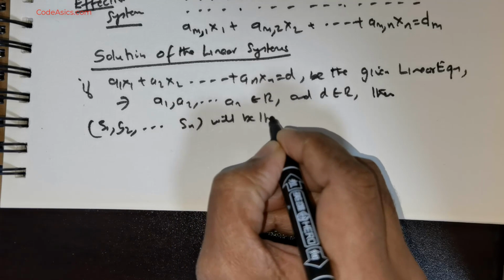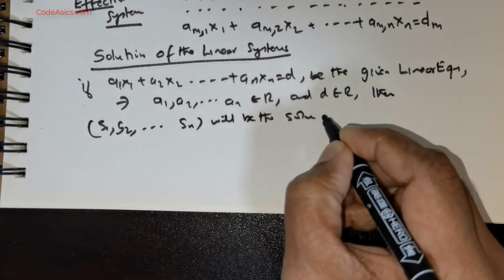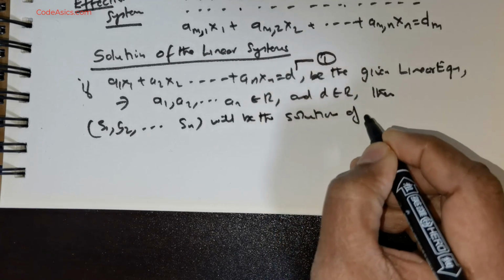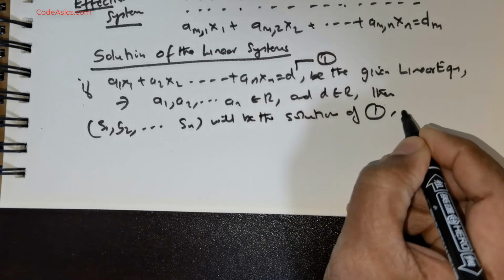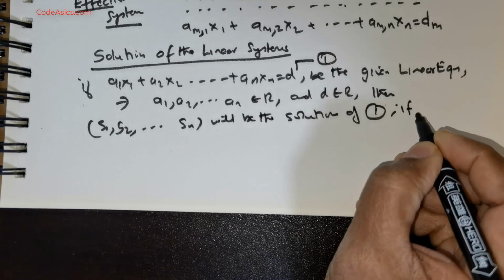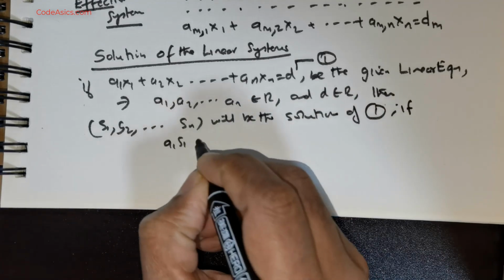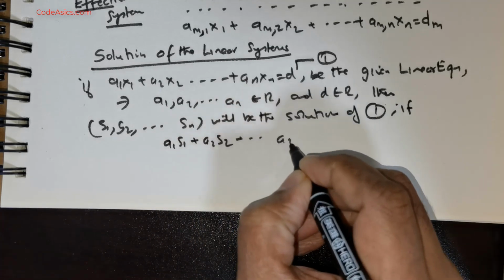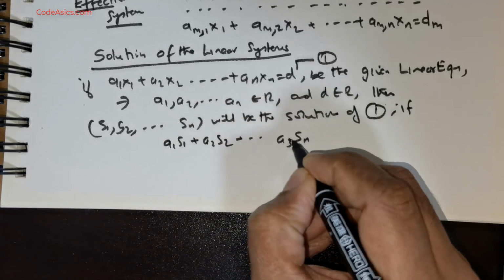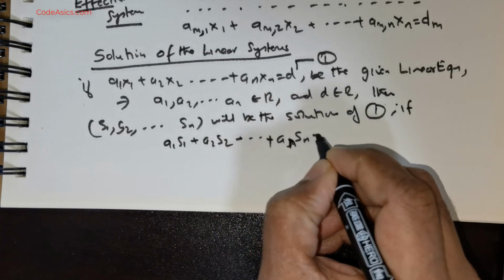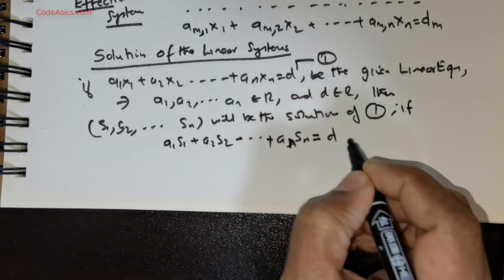will be the solution of, say, I'm going to take it as 1, solution of 1 if a1 times s1 plus a2 times s2 plus etc. plus an times sn is equal to d.